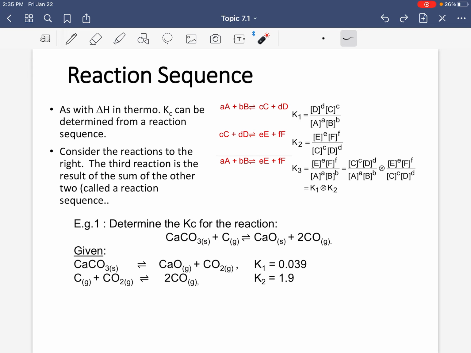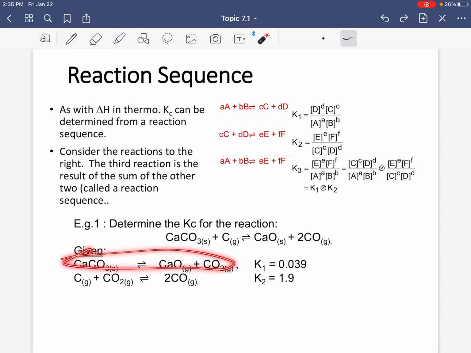It's a stepwise reaction composed of two equations to get this going. First, you have the decomposition of calcium carbonate. Then you have, of course, carbon reacting with the carbon dioxide to give you the carbon monoxide that you wanted. So it takes two reactions to get this.